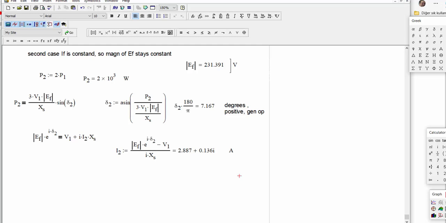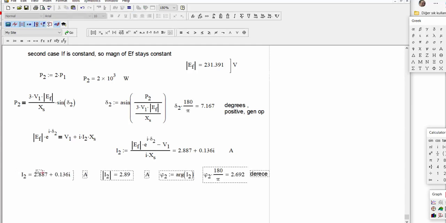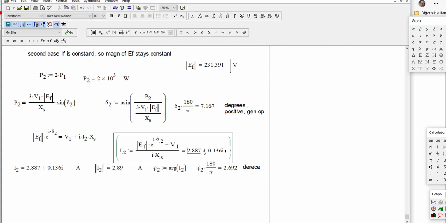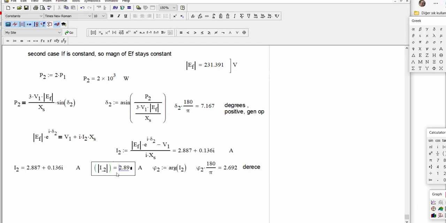And Houston, you can see that the current has an amplitude, the magnitude of those two, here it is, and the current has an argument, an angle, which is the new phase angle. It is 2.692 degrees. Houston, it is positive.